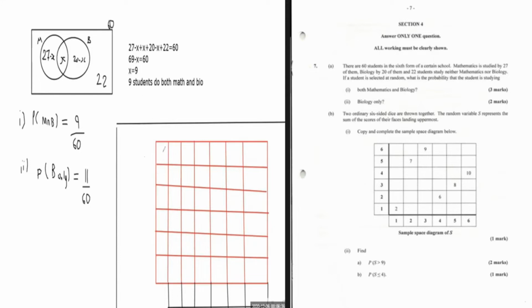To get in the straight edge, we have 6, 5, 4, 3, 2, and 1.